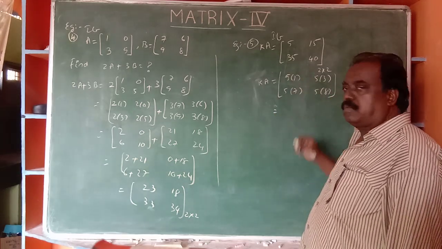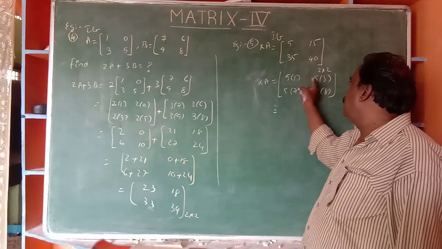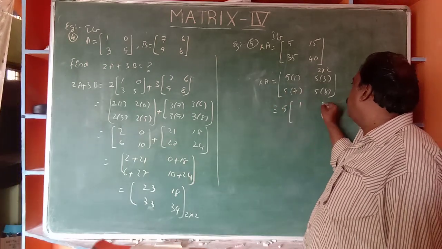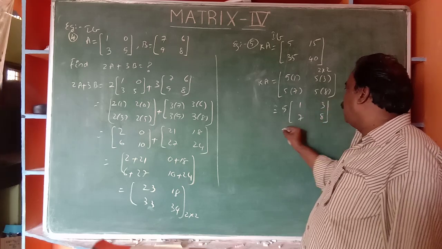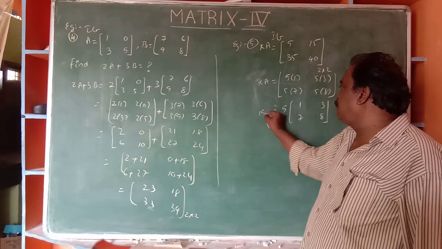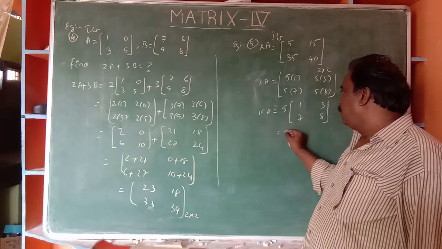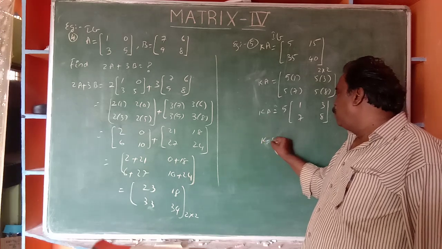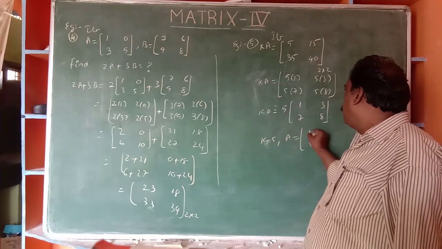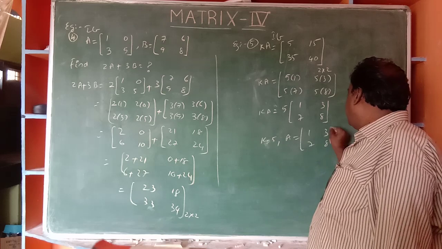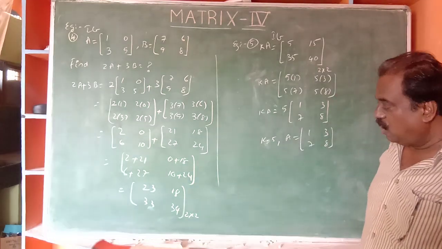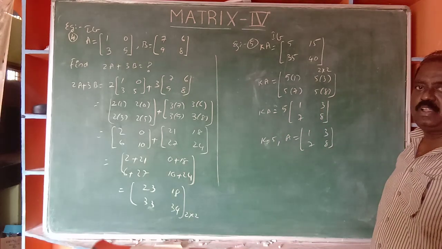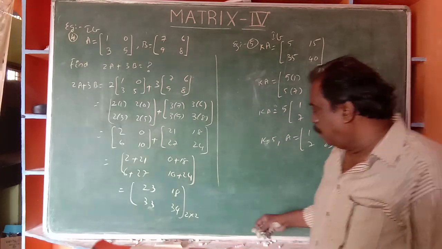So the same constant 5 can be taken out as a common factor, leaving 1, 3, 7, 8. Okay na? It is KA. So K is equal to 5 and A is equal to 1, 3, 7, 8. Like that, it can be used in the objective, not in the theory. Okay, now, like that, we can.